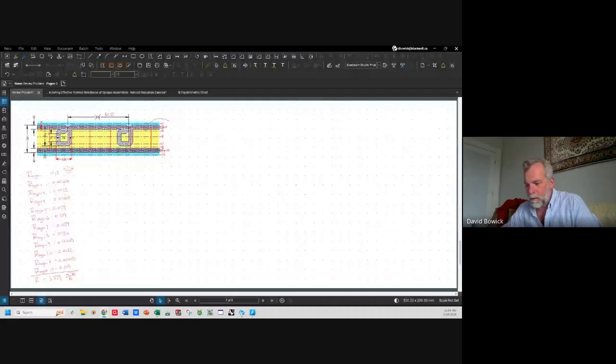So this is the final exercise we're going to go through: how to calculate the dew point within the wall. The two major calculations we do in this course are calculating your R value and calculating your dew point. I'm going to walk through carefully, step by step.